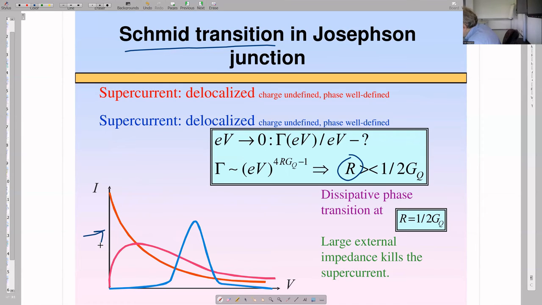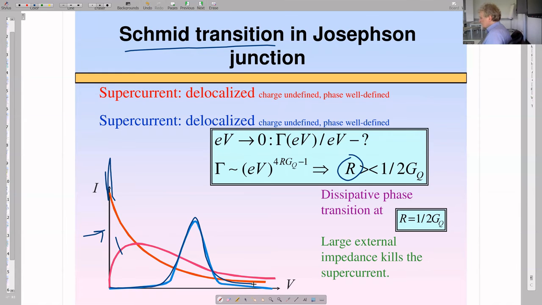So we have two types of IV curves. Below the transition, current diverges at zero voltage, forming supercurrent. There's a transition, and at larger impedances, the current is just suppressed at zero voltage, and it increases with voltage to some big value and goes down at large voltages.